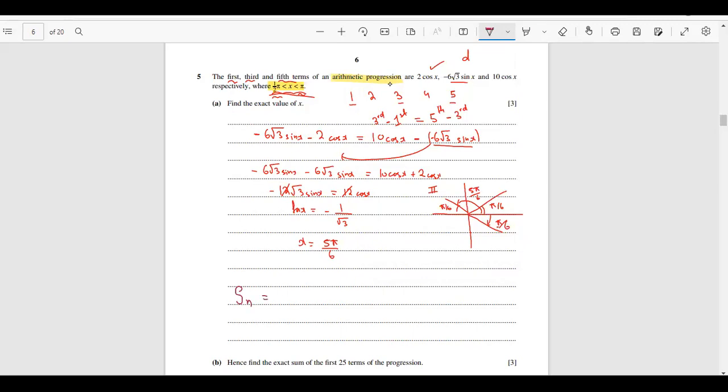Sn is n by 2 into 2a plus n minus 1 into d. So for now, you're just supposed to find a and d. A would be the first one. Just plug in the value of x over there. That would give you a. A is going to be 2 cos 5 pi by 6, and please quickly find the common difference.